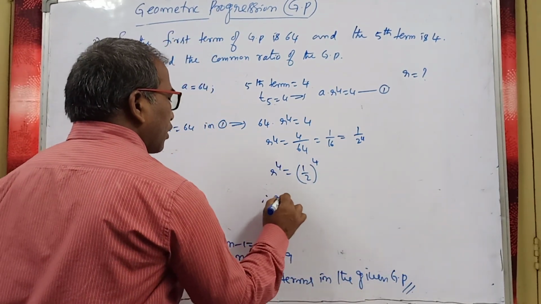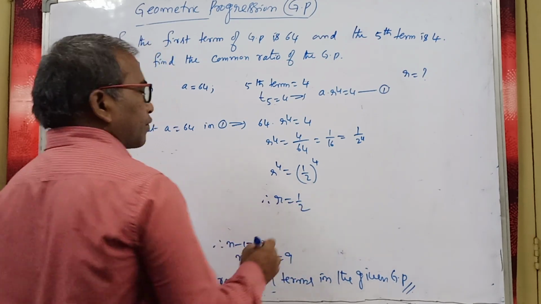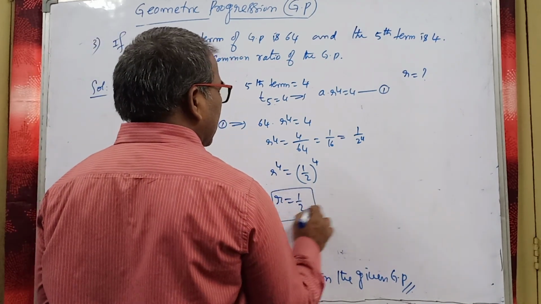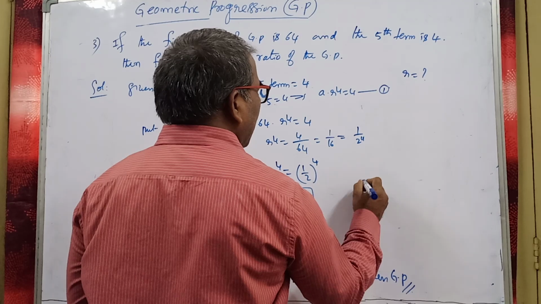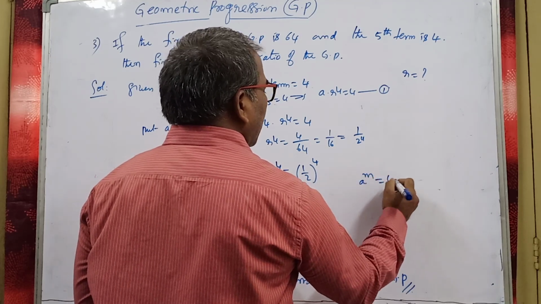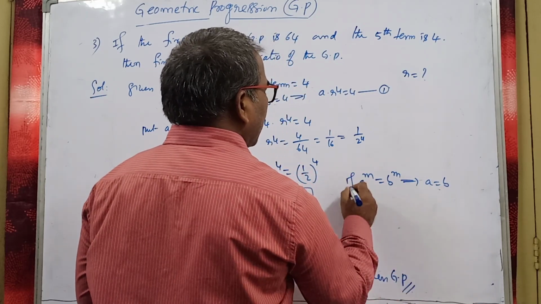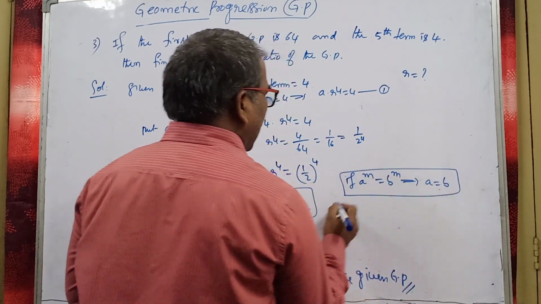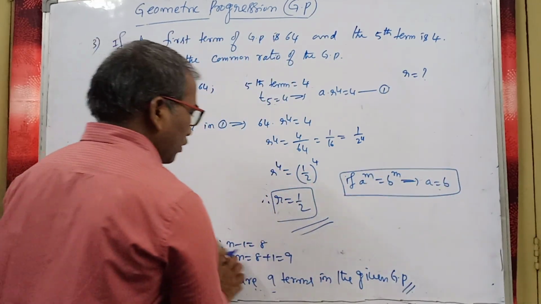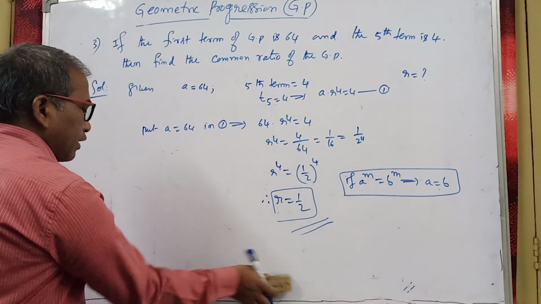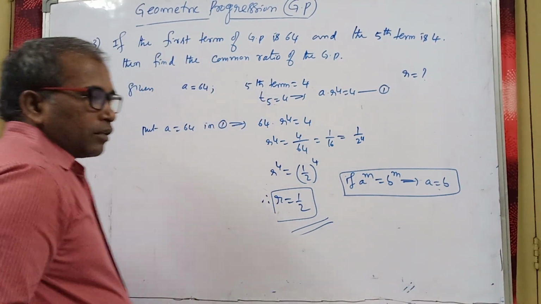Therefore, R is equal to 1 by 2. Okay, this is the answer. We have used the formula: a power m is equal to b power m implies that a is equal to b.